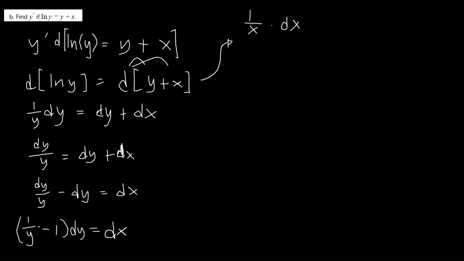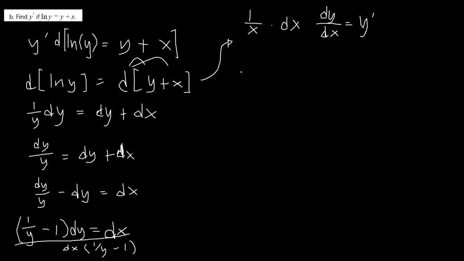So now all we have to do is find dy over dx, which is the same as y prime. So again, we're just going to divide the whole thing by dx, over 1 over y minus 1.